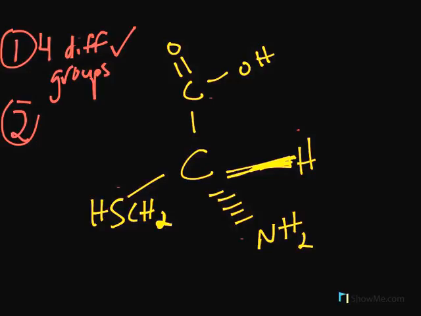So we need to assign priorities 1, 2, 3, and 4, and the way we're going to do that is using our systematic method. So how do you know which is first priority, second priority, third priority, and 4th priority?